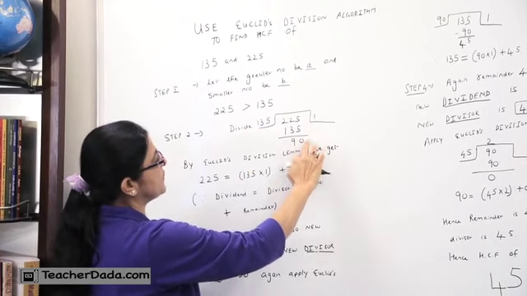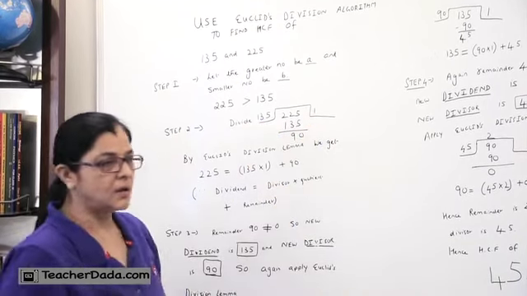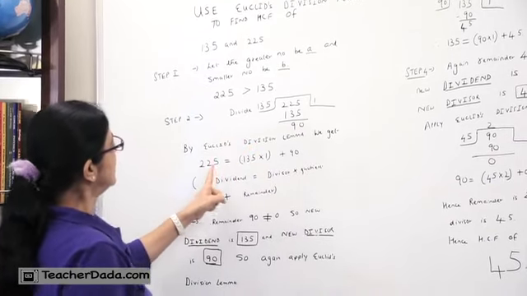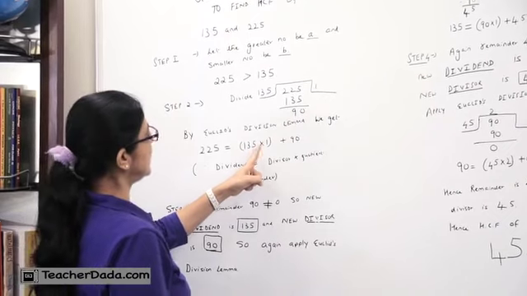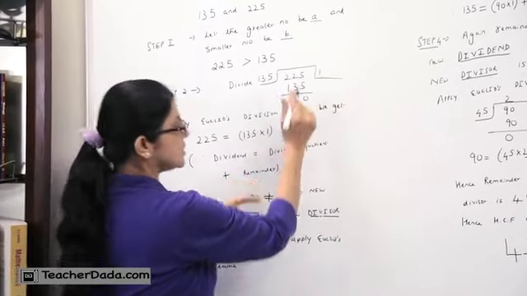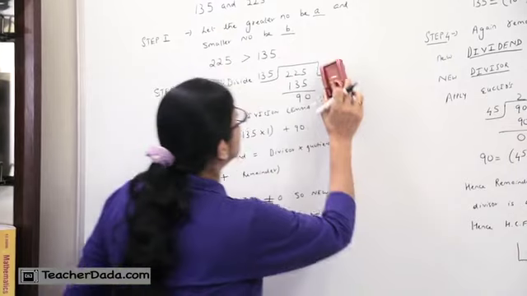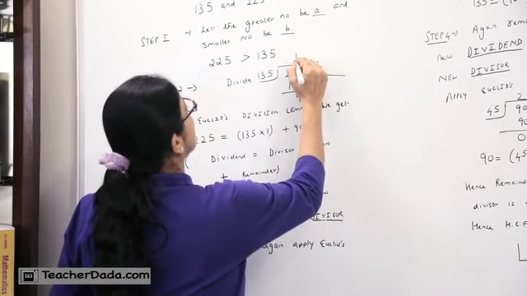135 times 1 is 135, we get 90. Now by Euclid's division lemma, 225, that is the dividend, is equal to divisor into quotient plus remainder.